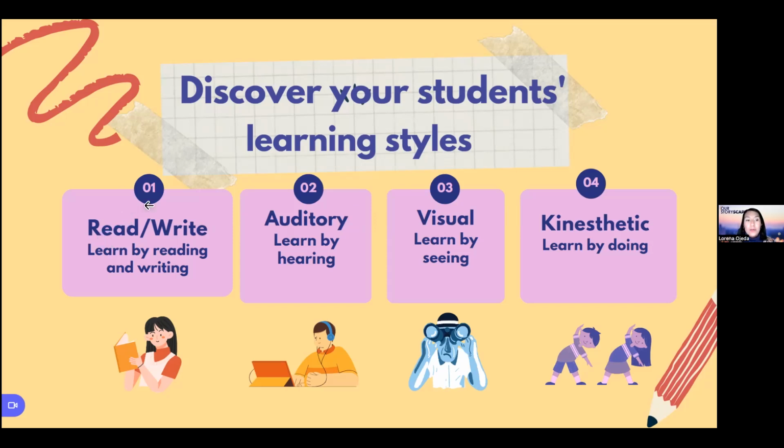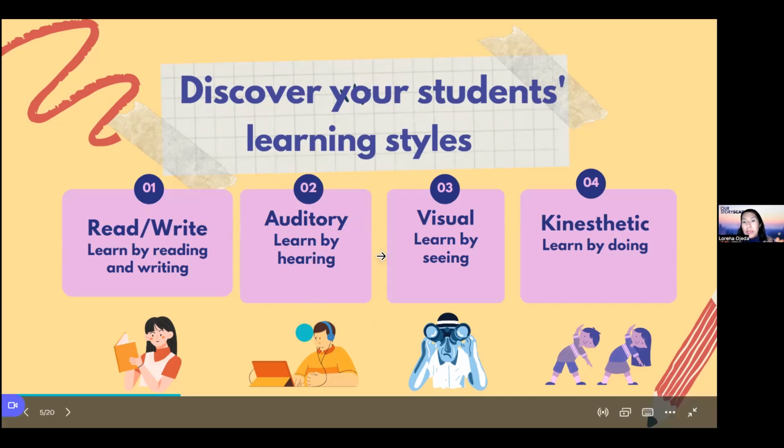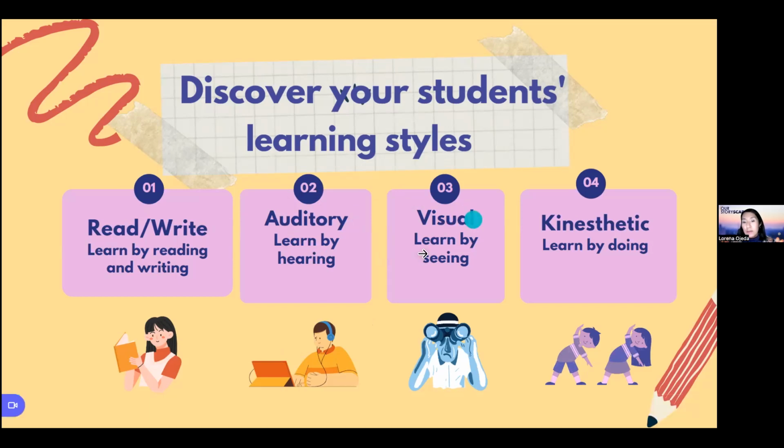This is called the read and write learning style. The second one is the auditory one, in which students learn by hearing. And it's represented graphically right here. The third one is the visual learning style, in which students learn by seeing. The fourth one is kinesthetic learning, by which students learn by doing.